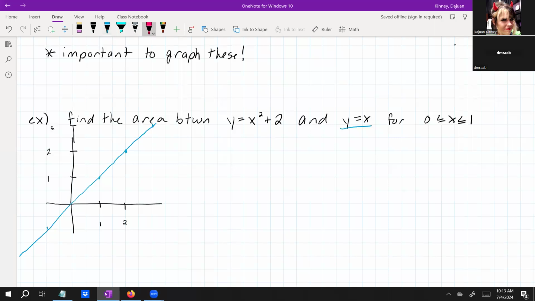All right, and then x squared plus 2. If I plug in 0, I get 2. If I plug in 1, I get 3. I did not leave myself enough space, did I? Oh, no, I did actually. Okay, and we want the area from 0 to 1.